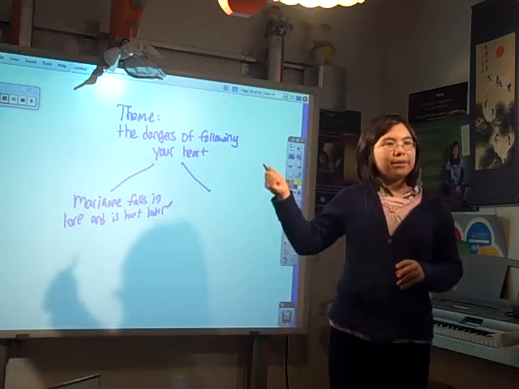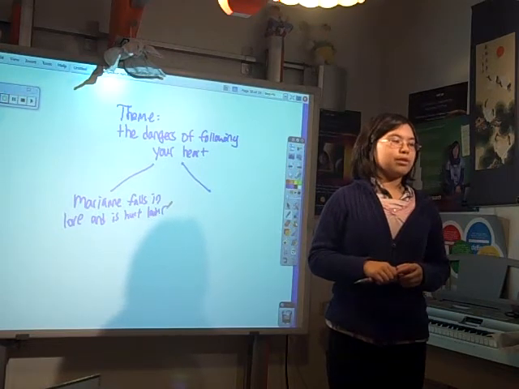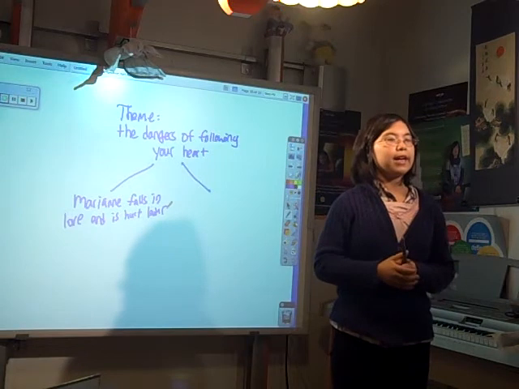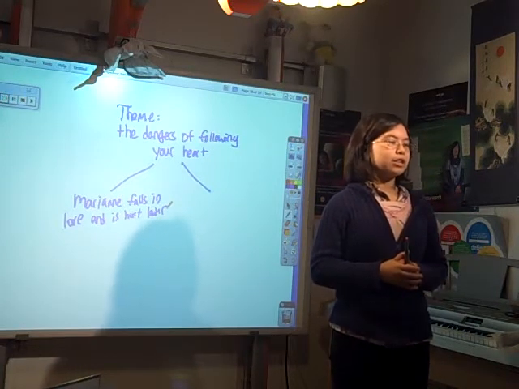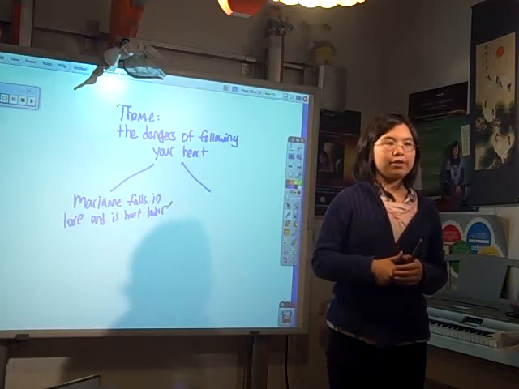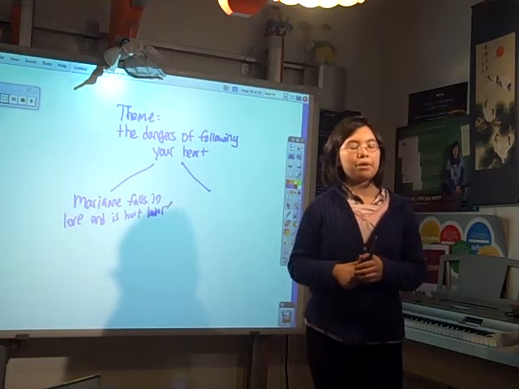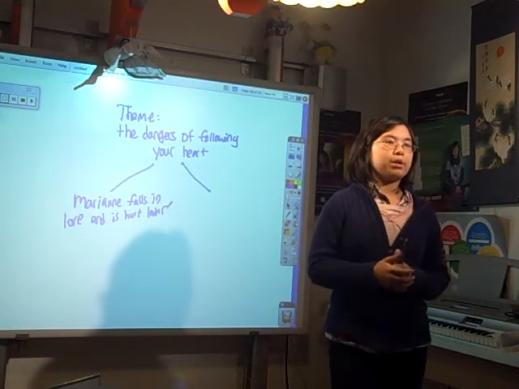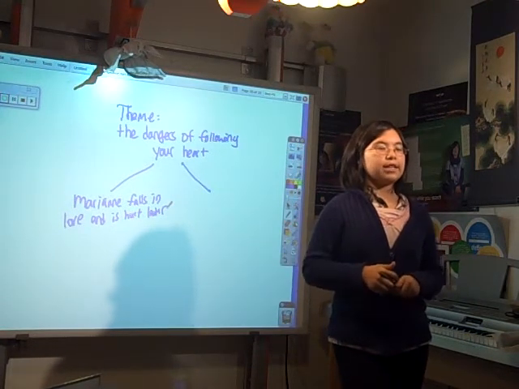So one theme might be the dangers of following your heart. A lot of books talk about why it's important to do so, but Marianne ends up getting hurt because she falls in love with someone in a way that's not very rational, and she's very hurt later. That would be one theme, and I might back that up with that specific example.